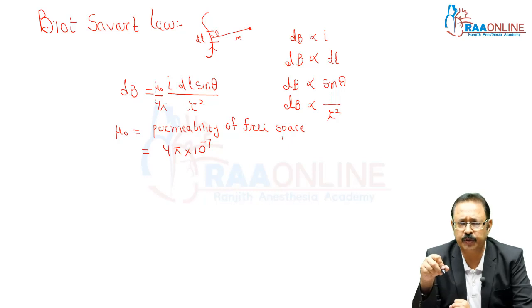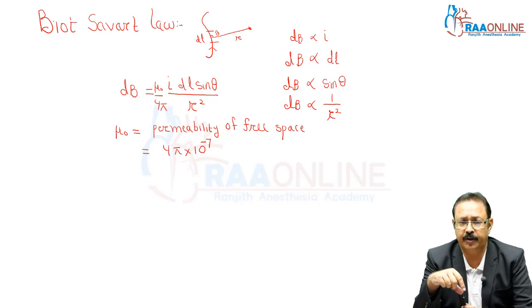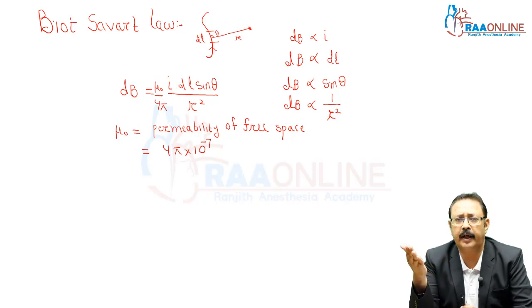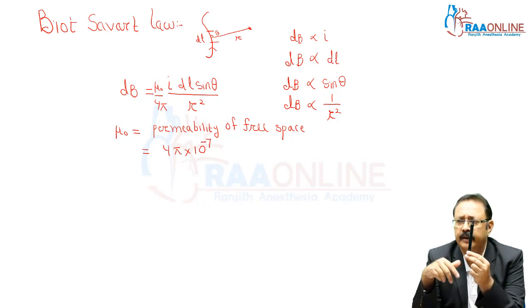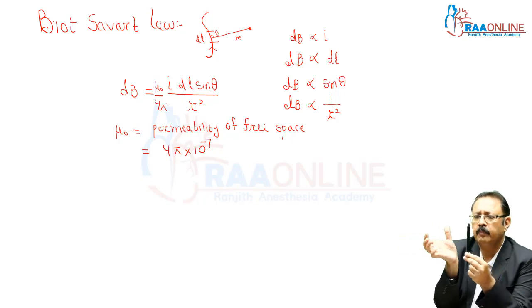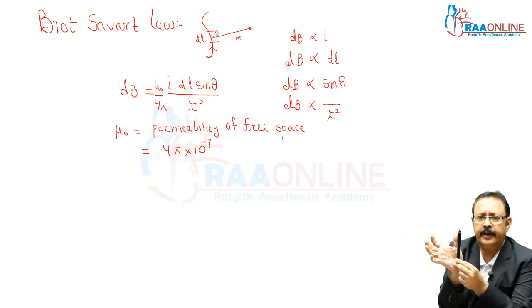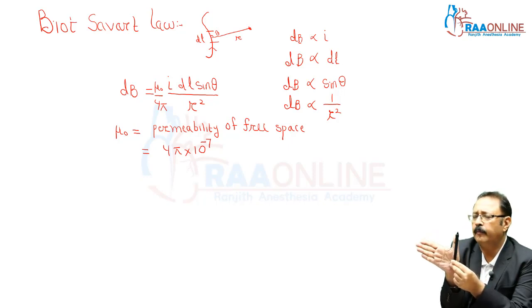This law was very useful. We discussed about the direction. You can use your right hand. Suppose this is a current carrying conductor. You want to check magnetic field at this point. Put your thumb of right hand in the direction of current, fingers pointing towards the point where you want to calculate the direction of magnetic field.